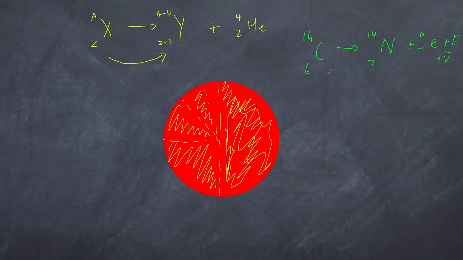Now the half-life of carbon-14 is 5,730 years. So if I have a certain amount of carbon-14 in the body, and it's a small percentage of the carbon in your bodies, then it really stays relatively constant because you're constantly taking in carbon through your food and so forth.